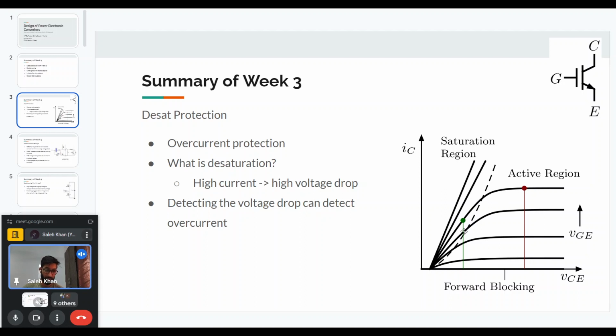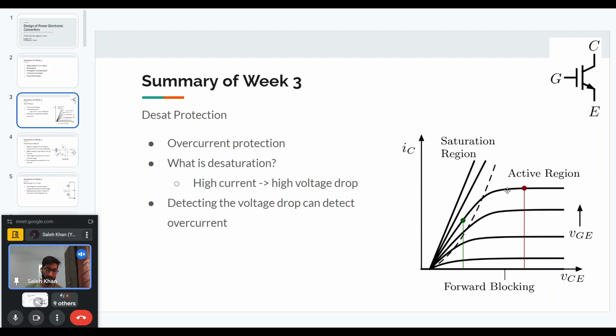So for example, here I've shown in green the point of normal current, and due to some reason, the current goes high due to a short circuit or a fault condition. So the current will follow this curve because we have a particular VGE, and it will go from the saturation region to the active region. So that is why it is called desaturation.